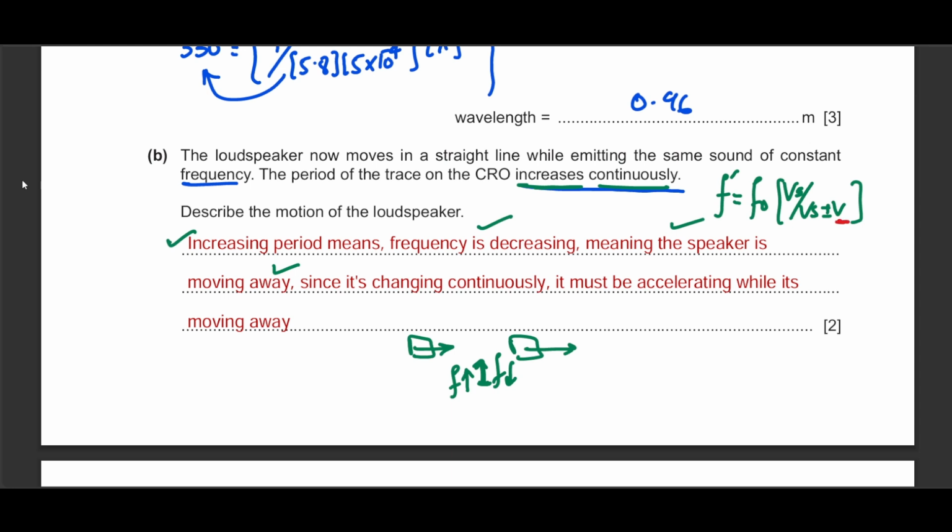Then this value keeps changing, and this is what is shown on the screen, that it is increasing continuously, which means that the object is not moving at a constant speed, it's accelerating. That is why we conclude that since it's changing continuously, it must be accelerating while it's moving away. I know that it's moving away because the frequency is decreasing.